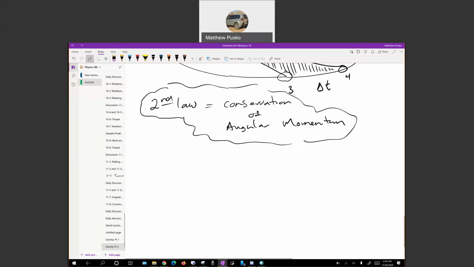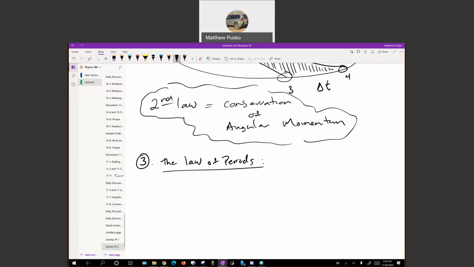Okay, the next one would be the law of periods. I'd go into these in a little bit more detail, but we're running out of time in the semester. If you take astronomy or any more mechanics courses, you should go over these in more depth.